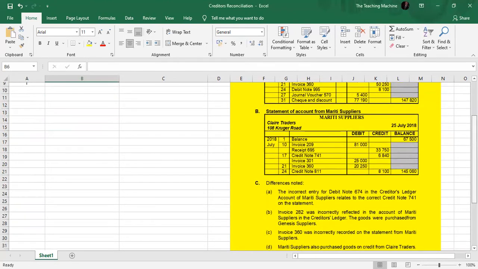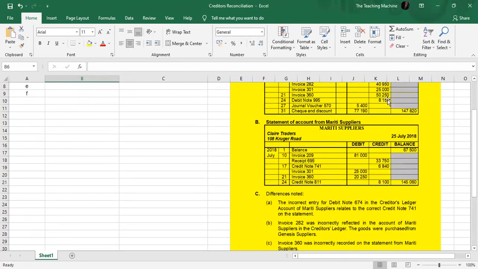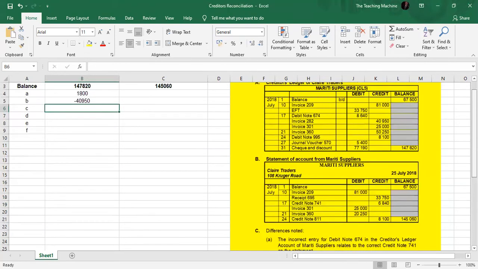Now let's look at number C. Invoice 360 was incorrectly recorded on the statement from Marigi suppliers. Now let's look at invoice 360. It's 50,250 in our records, but they recorded it as 20,250. So they have understated the money that we owe. So we need to make an entry by adding 30,250, because that's the difference between 50,250 and 20,250.